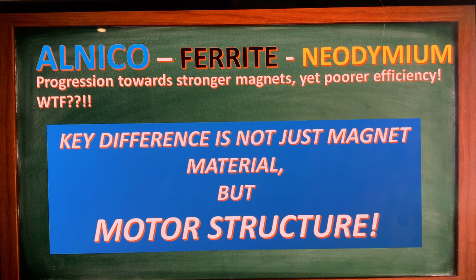I have looked at the data for hundreds of loudspeaker drivers, ALNICO, ferrite, and neodymium, and I have noticed something really crazy that no one seems to face publicly, a very uncomfortable fact.